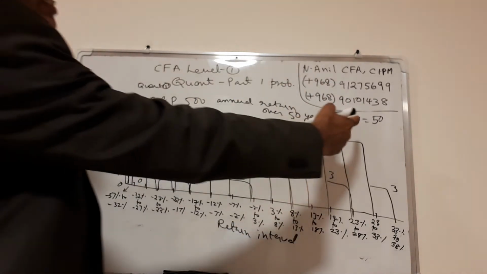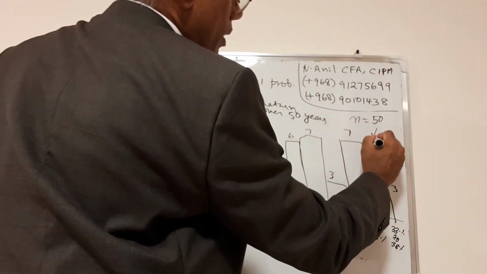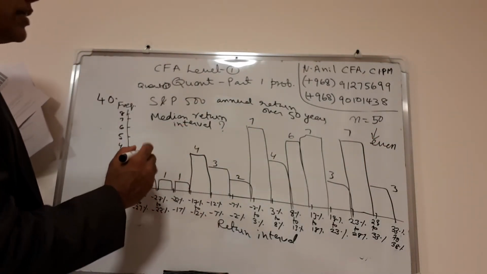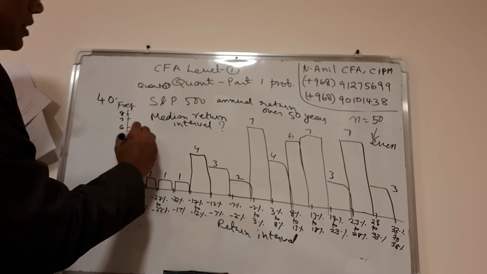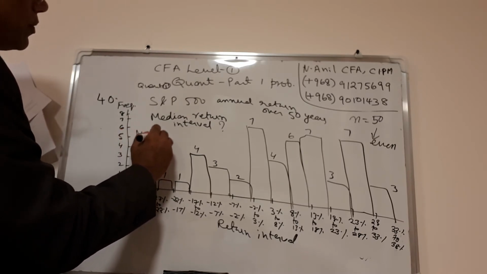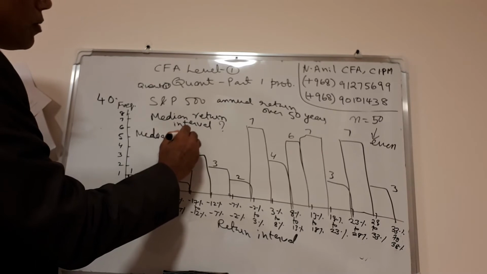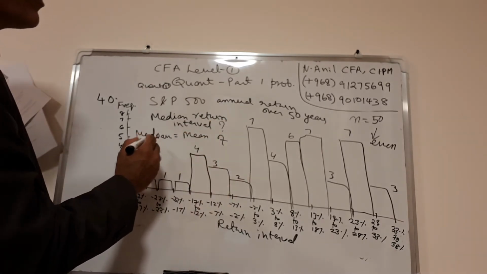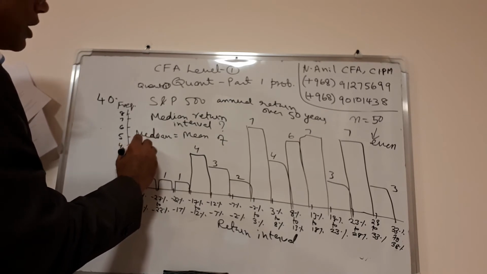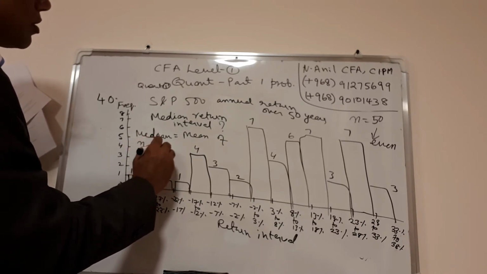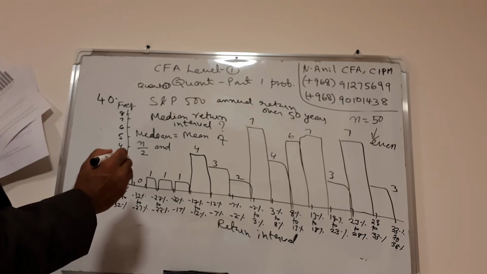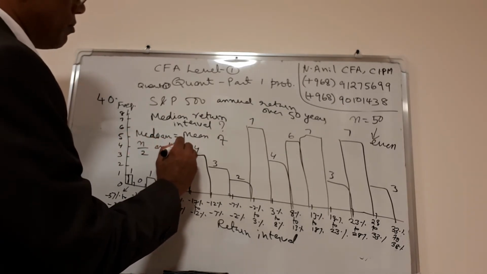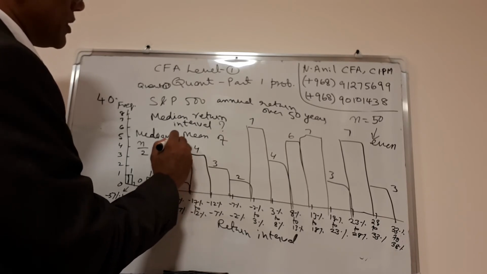Now this is an even number. If there are an even number of data points, then the median will be the mean of n by 2 and n plus 2 by 2. This is the formula.